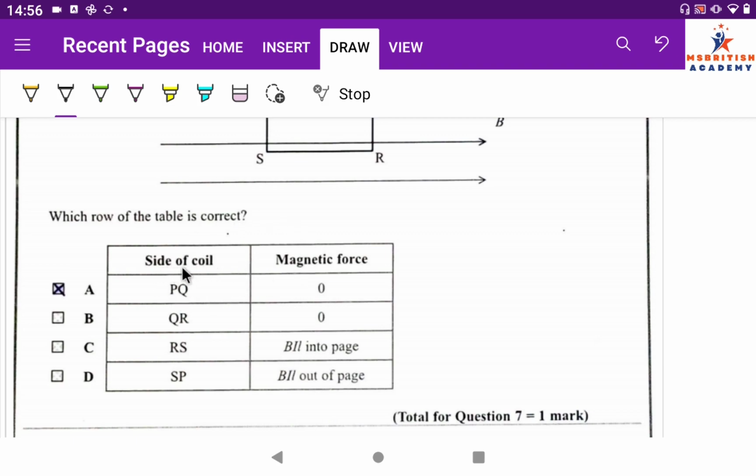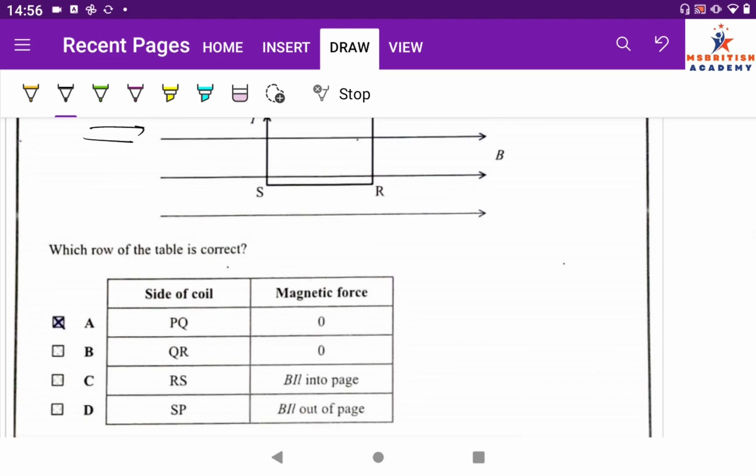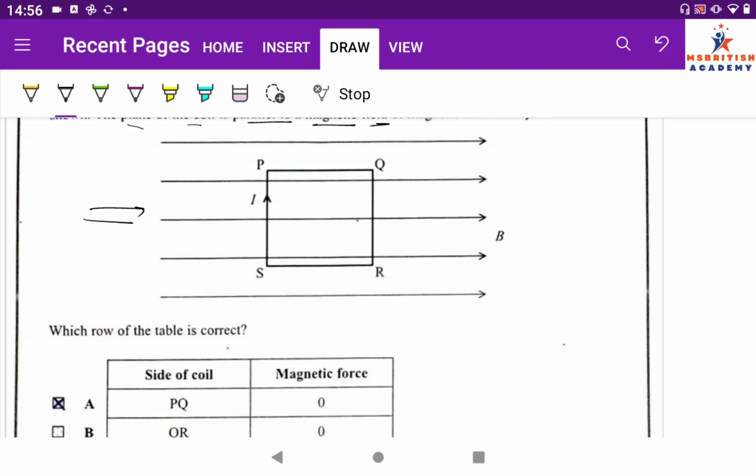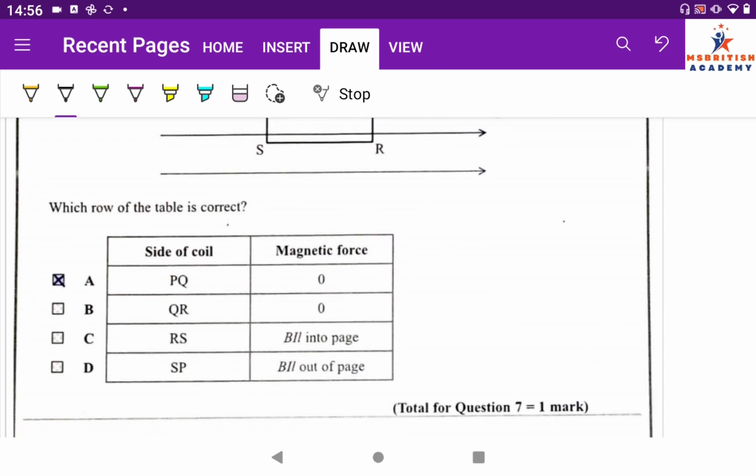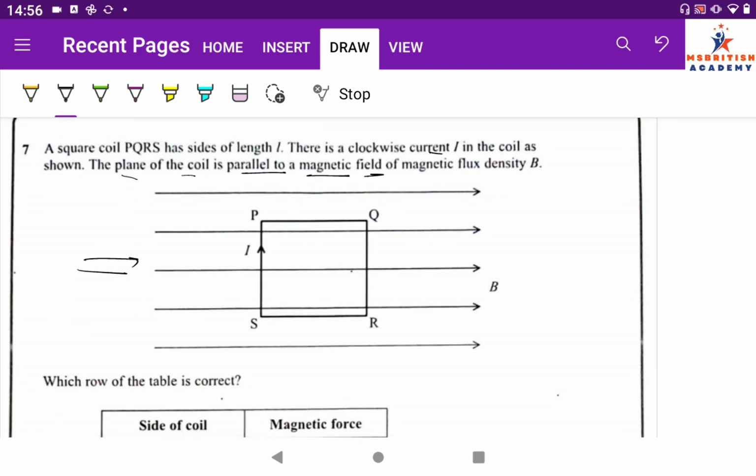For the sides of the coil PQ, QR, RS and SP, which one is correct?